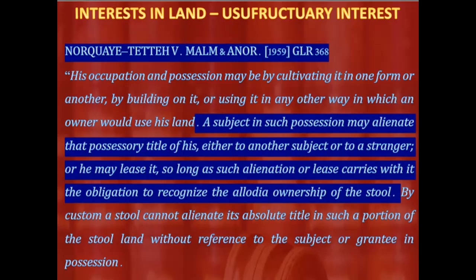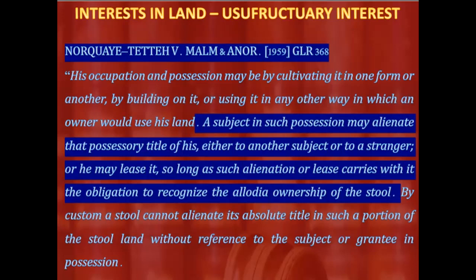And we are told that the usufructuary interest is inheritable and it is alienable. And remember that when the alienation of the usufruct is to a person who is not an indigent, then the alienation must be done with the consent of the holder of the allodial title.